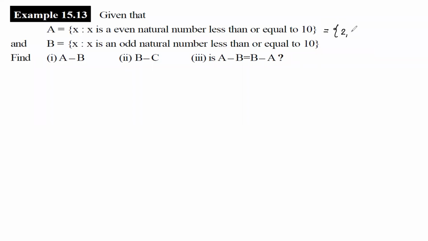So 2, 4, 6, 8, 10. Because we have here less than or equal to, 10 is included. And B is equal to {x such that x is an odd natural number less than 10}. So 1, 3, 5, 7, and 9. We don't include 10, even though it's equal to 10, because we only consider odd natural numbers.